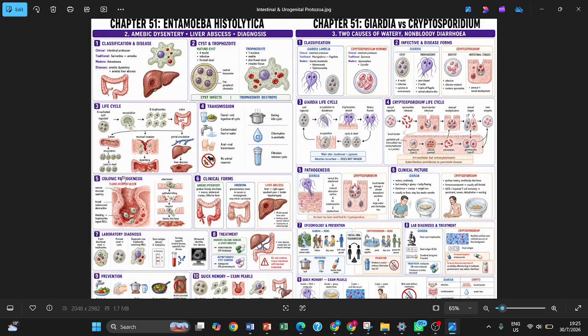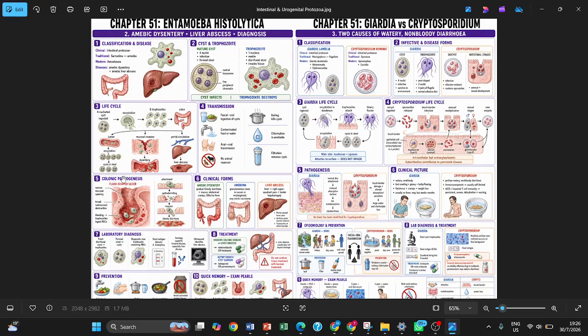So this leads to the aspect that if you're doing laboratory diagnosis for a symptomatic patient, under a microscope you will see trophozoites together with cysts in the stool. But if you are testing the stool of a carrier, you will not see the trophozoite stage, because the trophozoite stage is what gives rise to the symptoms.